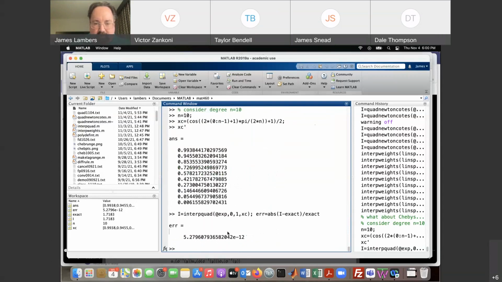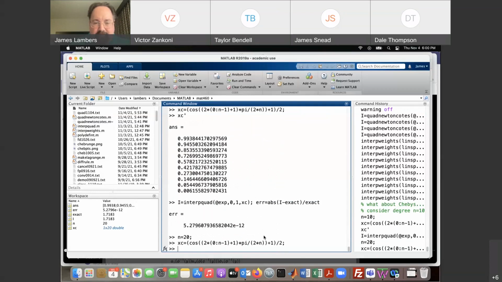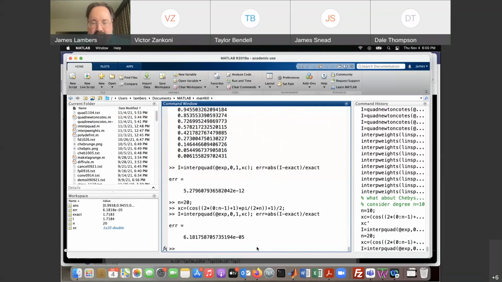So if I do the same thing this time, n equals 20, get the Chebyshev points adjusted to the interval 0 to 1, and then integrate again. Oh, not as bad, but still not what I was hoping for.